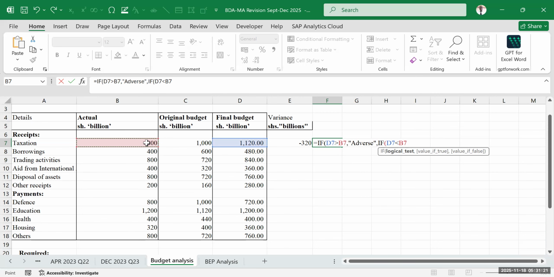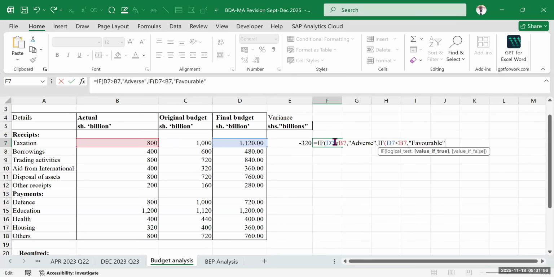If I've gotten something higher than what I expected to get, if the final budget is less, meaning actually it is now higher than final, then give me a return or a verdict to say that this is now a favorable condition. We should be happy because we've received more than what we expected. That is now a favorable outcome.